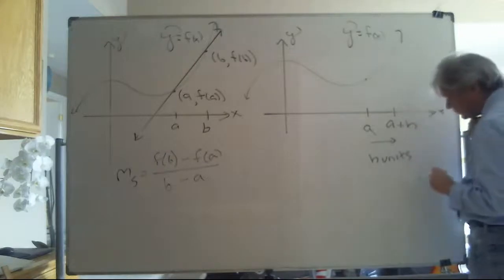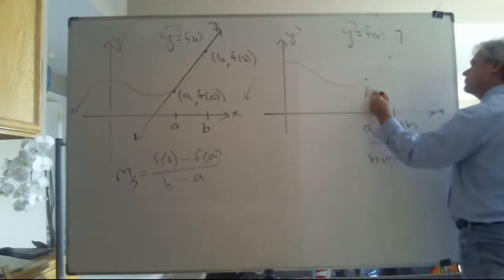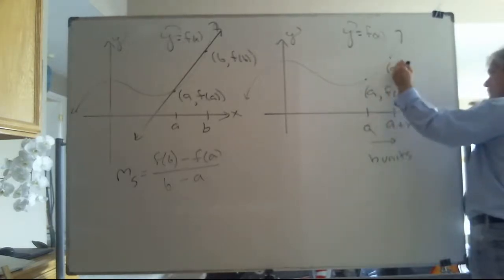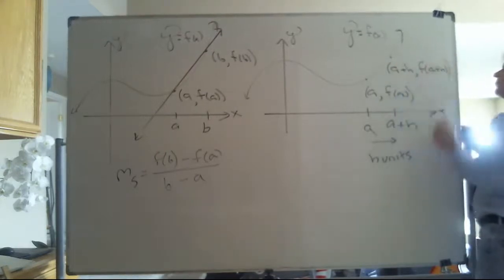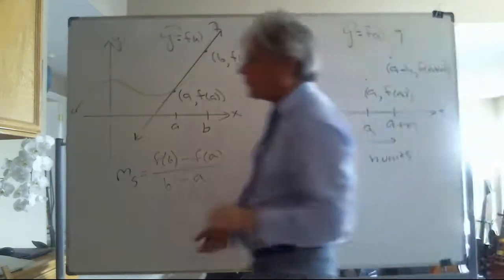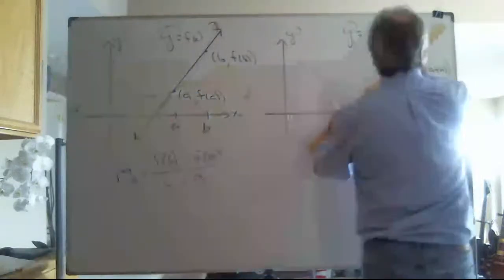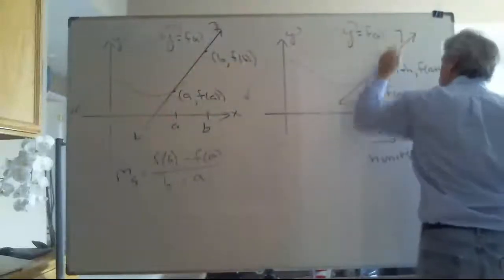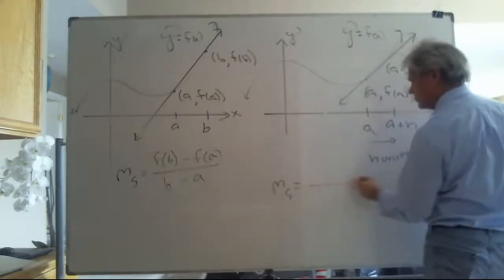Here are the coordinates of the 2 corresponding points in the graph. Here is the secant line passing through my curve at those 2 points. And its slope is easily determined.